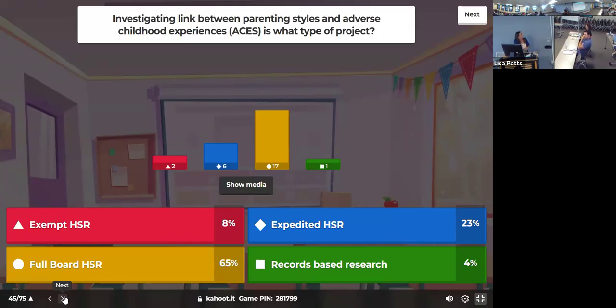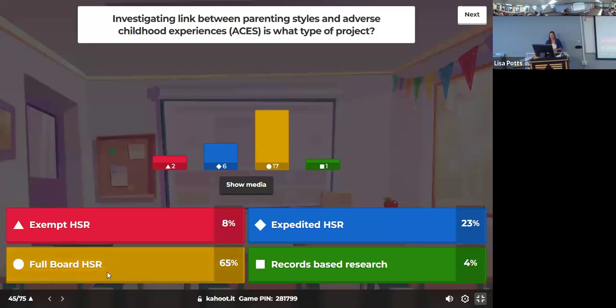So that would therefore not qualify as exempt status. Maybe depending on the circumstances it could be expedited, but a lot of times we're looking at how sensitive something is and who the individuals are, all of those factors, your recruitment strategy, inclusion criteria, procedures and everything, to determine what's going to make the most sense here.